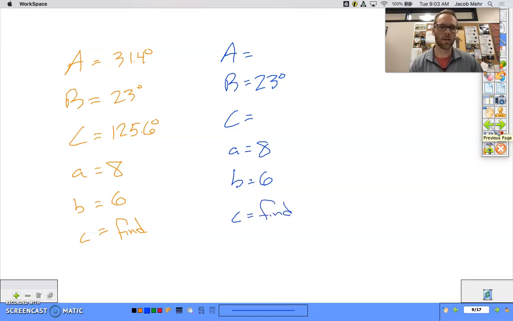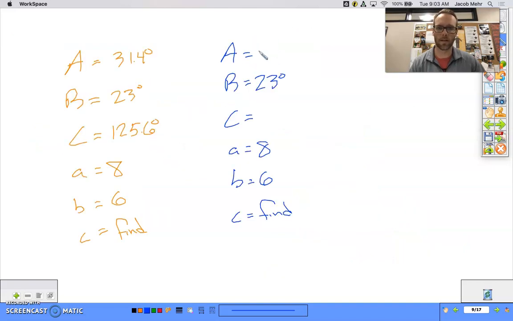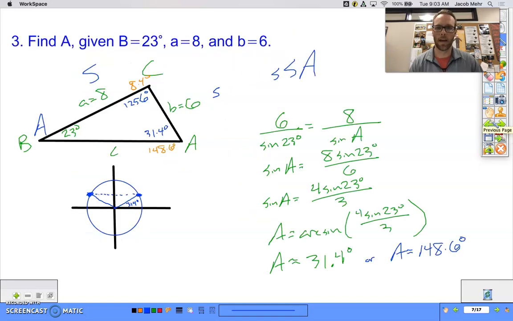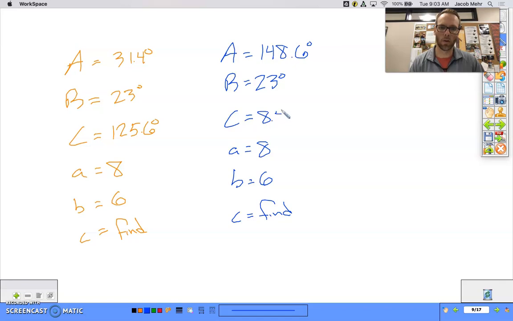But in this case, A was 148.6 and angle C is 8.4 degrees. And now you can use this angle of 8.4 degrees for C with the law of sines to find side C, which again, I'm not going to spend the time. So here we see two possible triangles from little side, big side, angle.